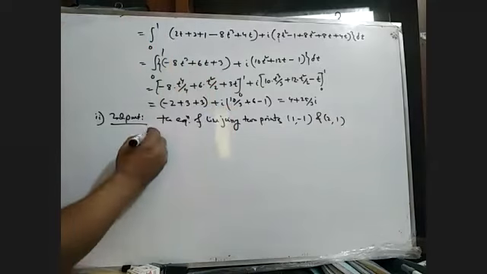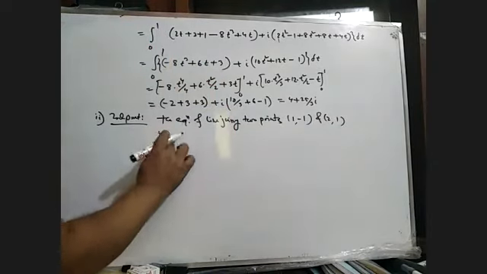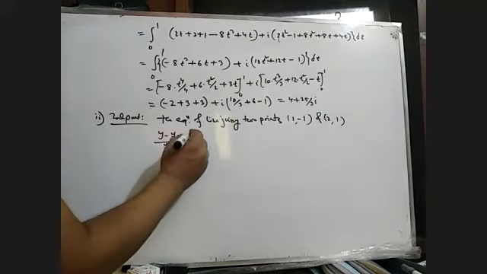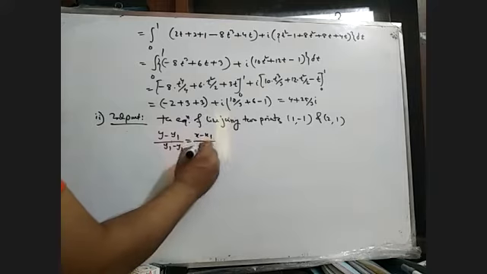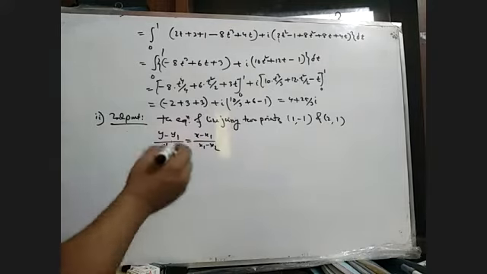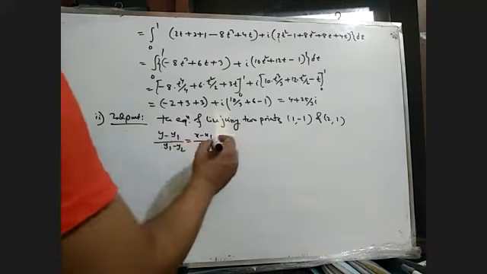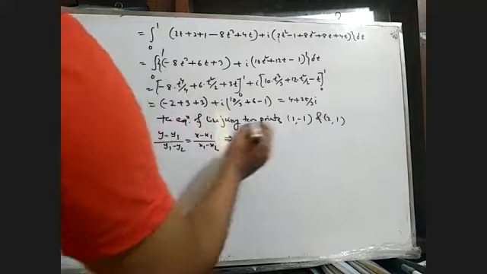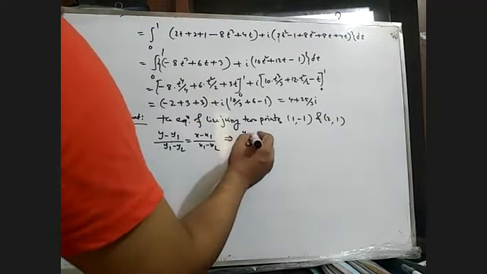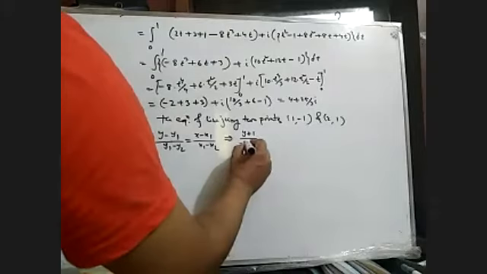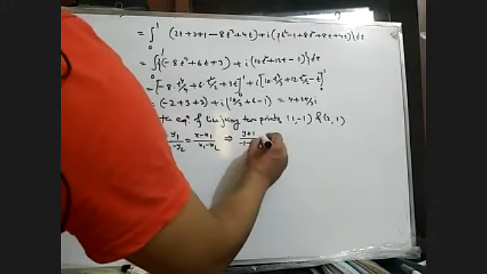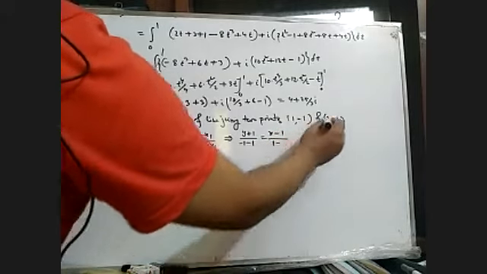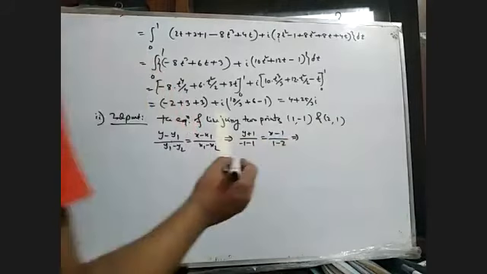So you know the formula: y minus y1 divided by y1 minus y2 equals x minus x1 divided by x1 minus x2. Just putting x1, y1 and x2, y2, we get y minus y1, that is y plus 1, and y1 minus y2, that is minus 2, equals x minus x1, that is x minus 1, and x1 minus x2, that is minus 1.